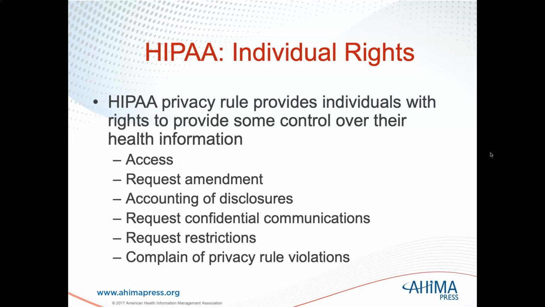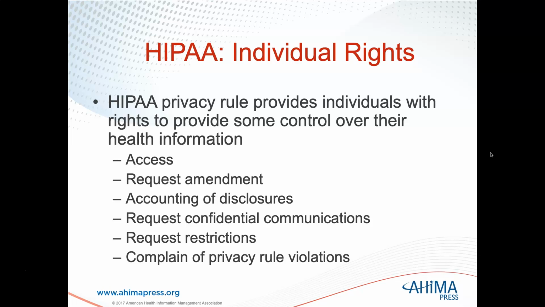However, HIPAA came across and said to every state, there are certain things that you have to provide patients with in terms of the information in their record. First of all, they have to be able to have access. They have to be able to request an amendment. They have to be able to request an accounting of disclosure. So if you've disclosed the information outside of treatment, payment, or healthcare operations, you have to track that and be able to provide that to the patient.